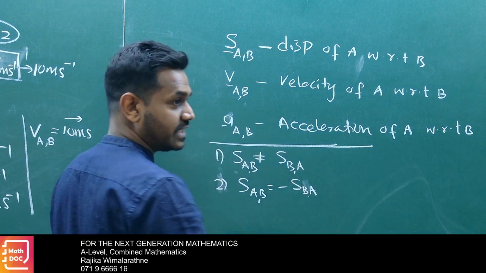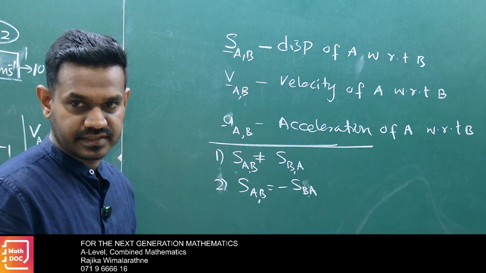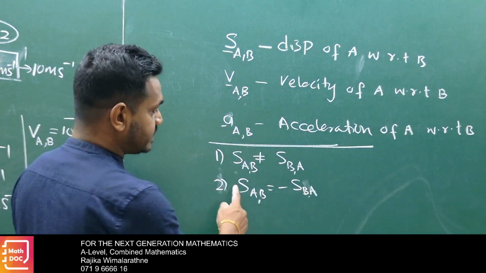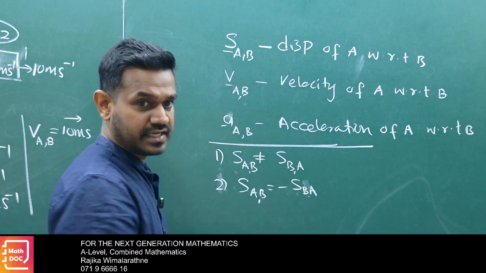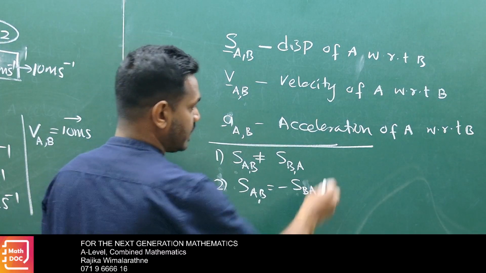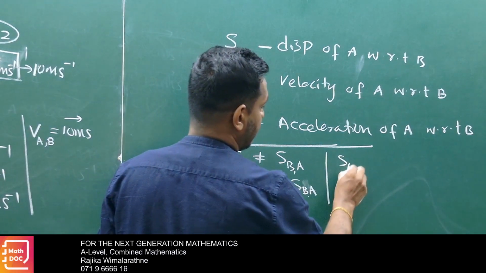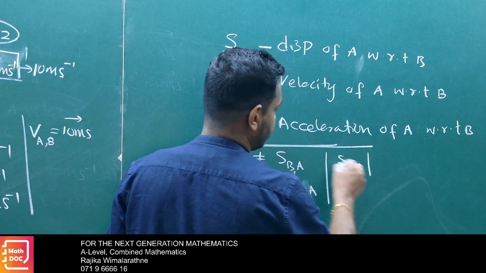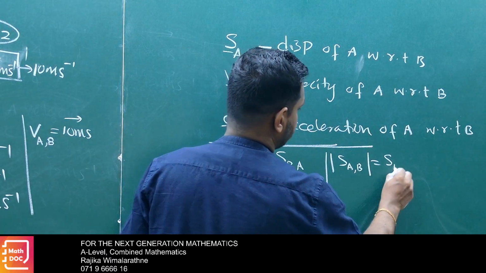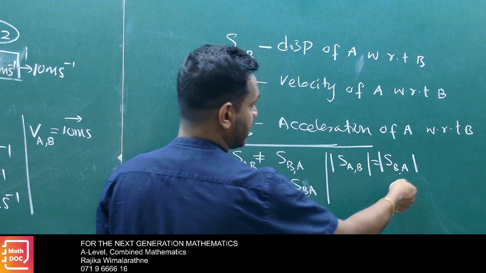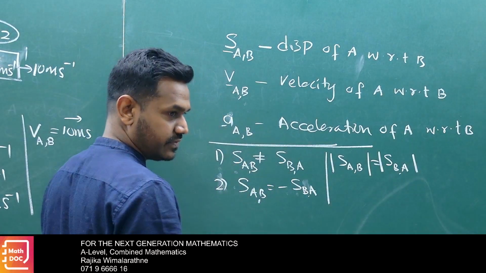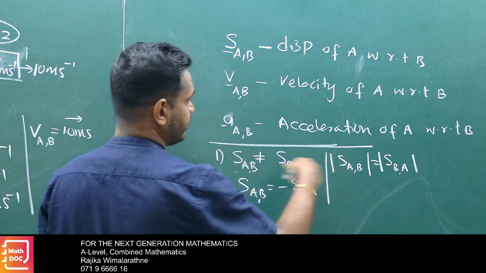Only the direction has changed. Remember SAB equals minus SBA. For velocity and acceleration, both are the same. Then SAB magnitude equals SBA magnitude. Just put them.